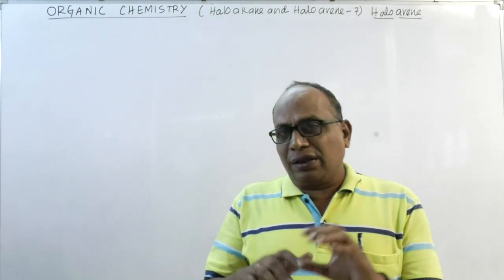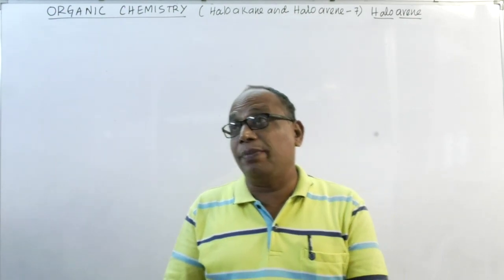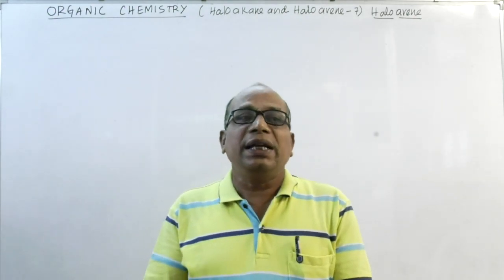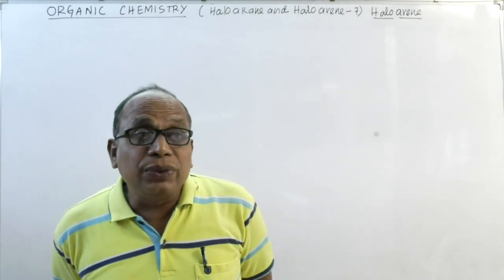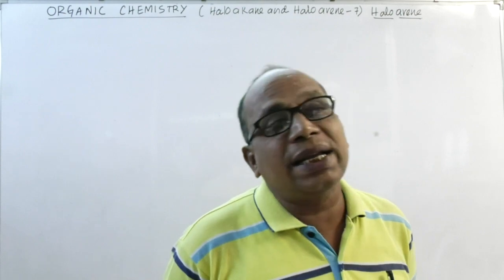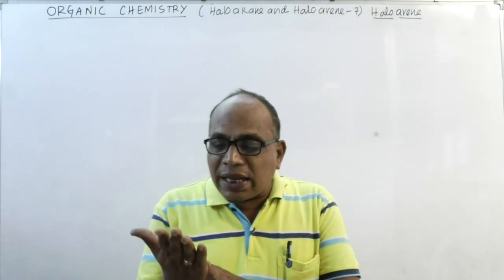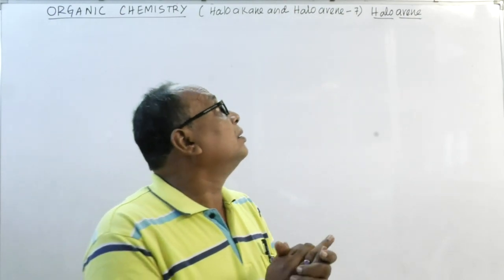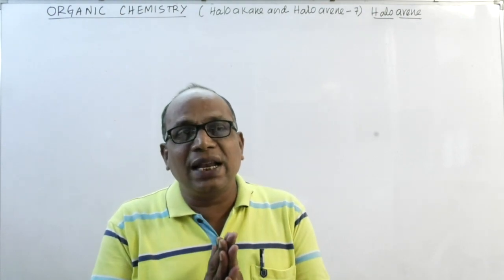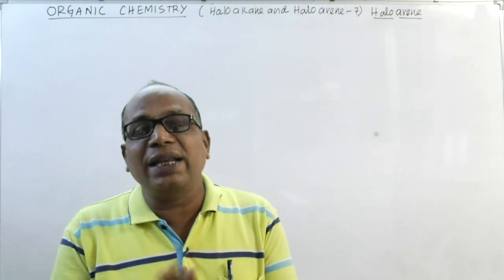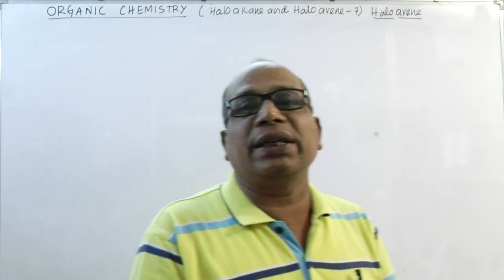The formation of iodobenzene from benzene is reversible in nature. To make it irreversible, we use an oxidizing agent like HNO3. On a large scale, chlorobenzene can be prepared by Raschig's process, where benzene is treated with HCl in the presence of oxygen and a catalyst, cuprous chloride, and all the benzene gets converted into chlorobenzene.